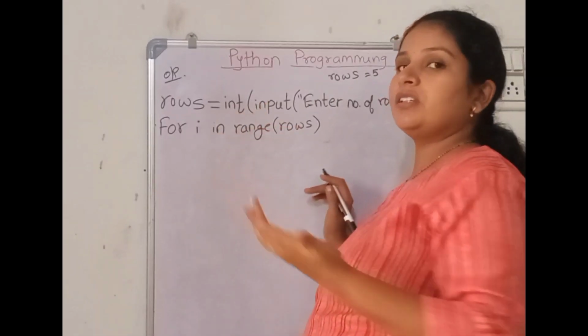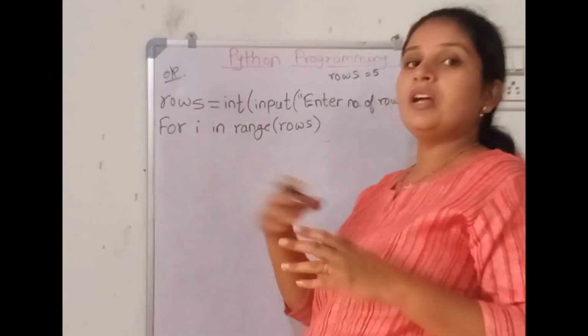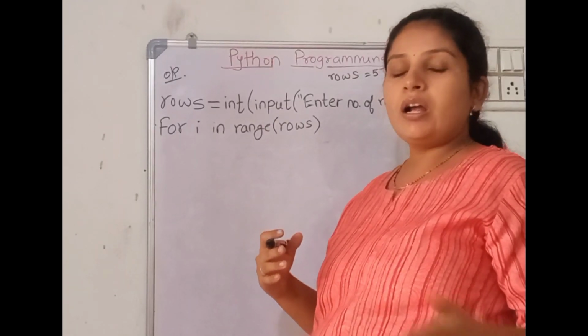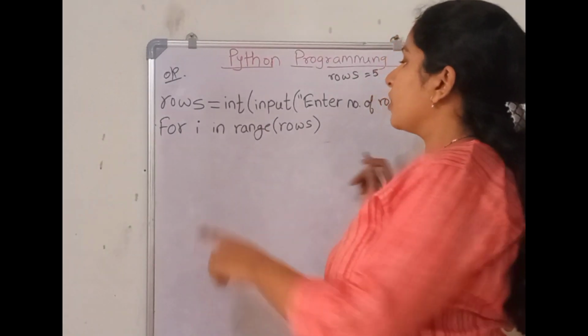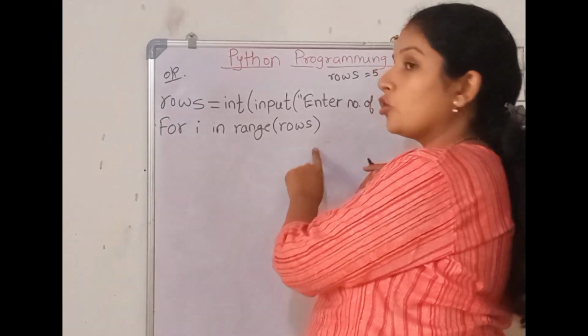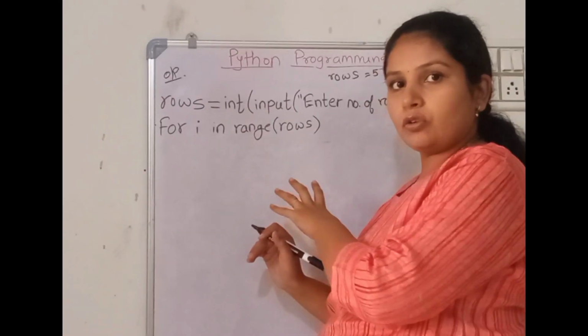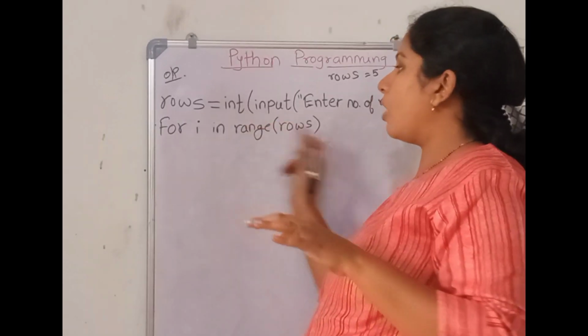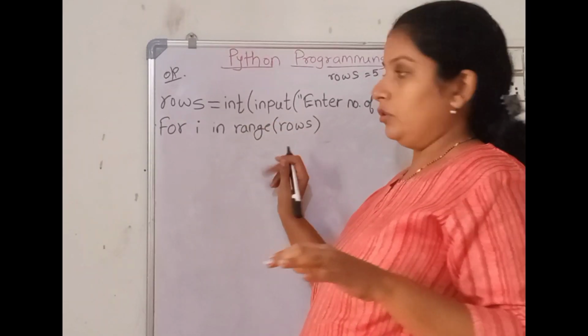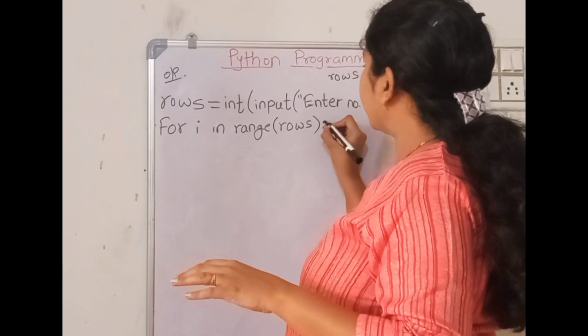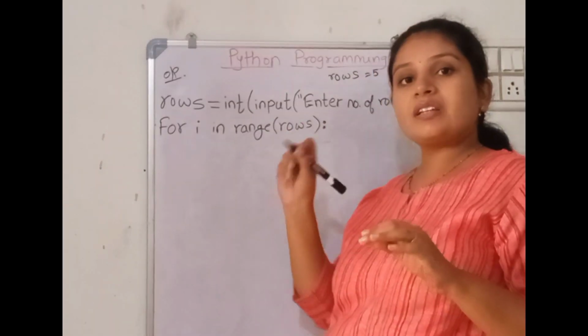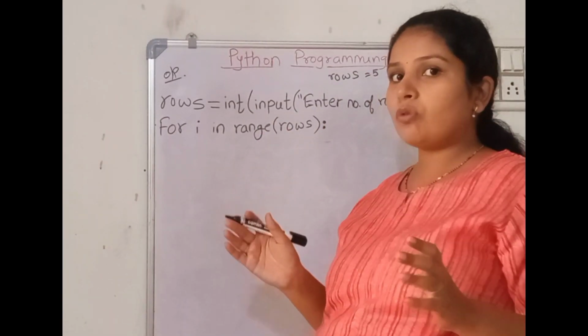But here we are giving the chance to user, that user can enter the different value at the time of execution. Here, for i in range rows. When we execute this program and when we calculate the output, then you will get to know how I am writing down this count. Here I am taking the rows. Why? Because it's the end limit. How many rows you want? 5.